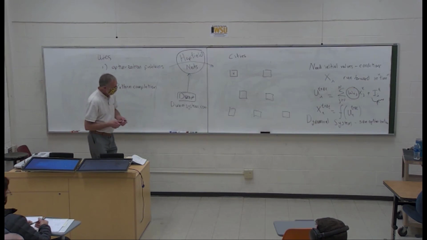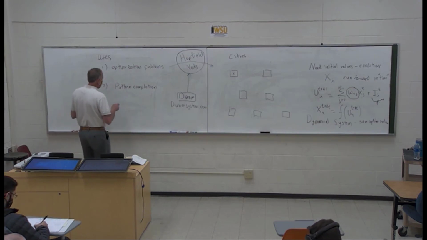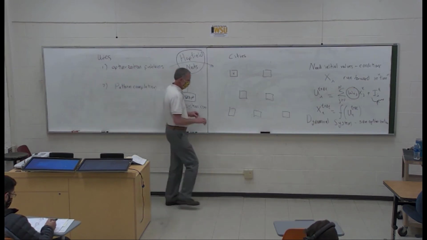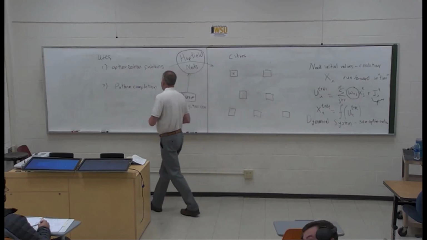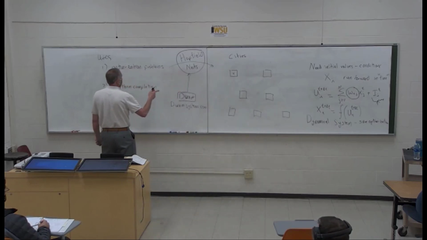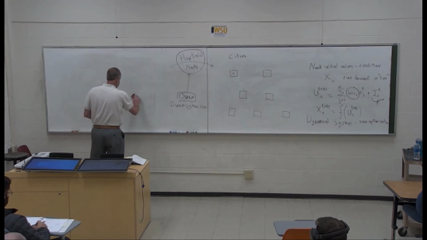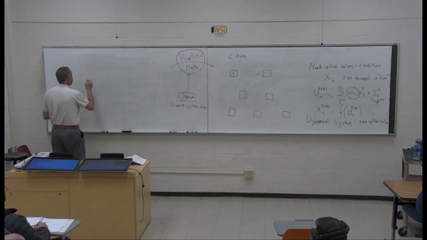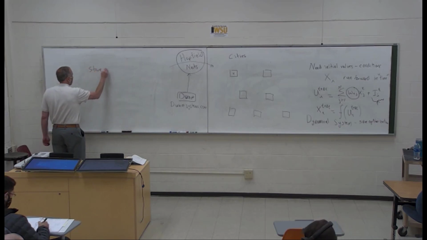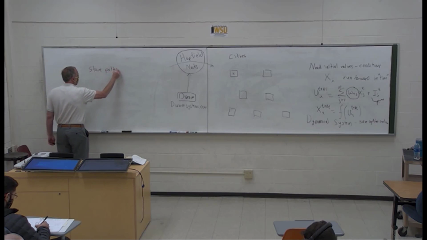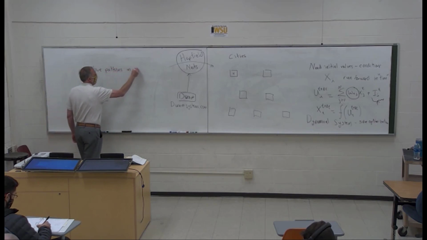Okay, let's see, the other thing is pattern completion. So also in these recurrent networks, you can store patterns, and they're stored as weights, just like the cities are stored in weights. So you can store patterns in the weights.